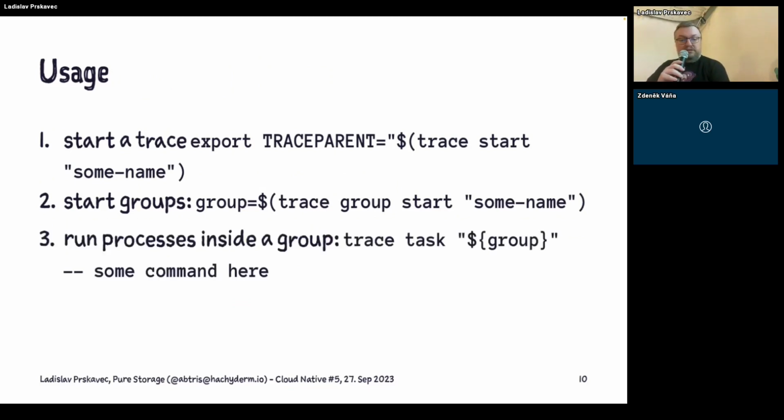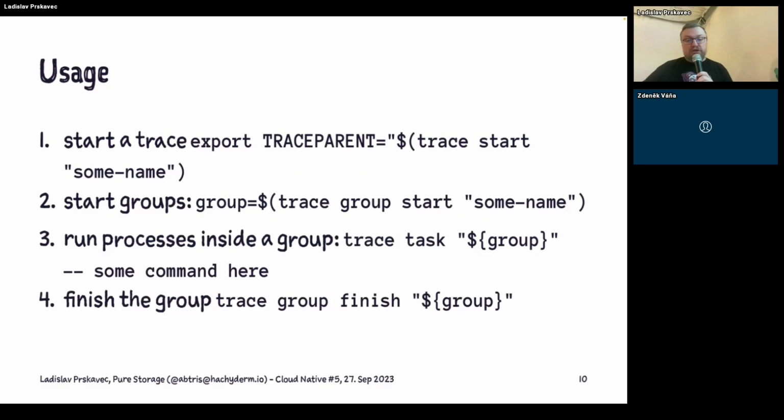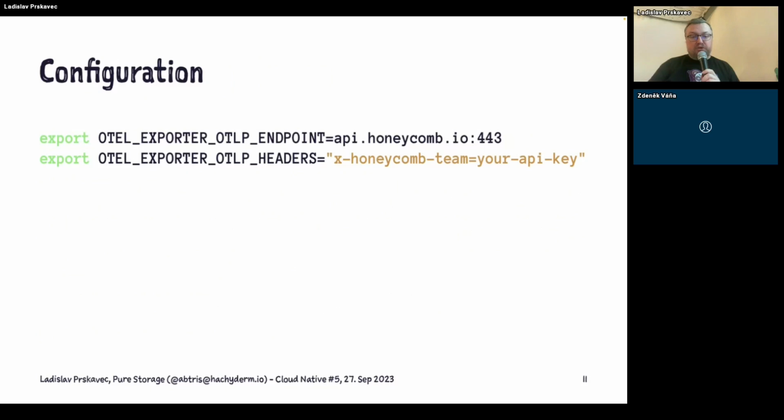You run the process, trace task, and dash dash and your shell, or execute your go test or go anything, and finish by the trace group finish command, and that's done. You are done. But this approach has some issues. I will mention them later.